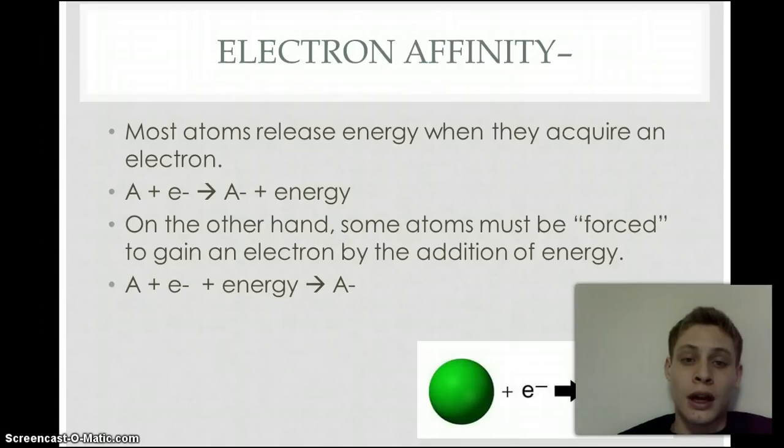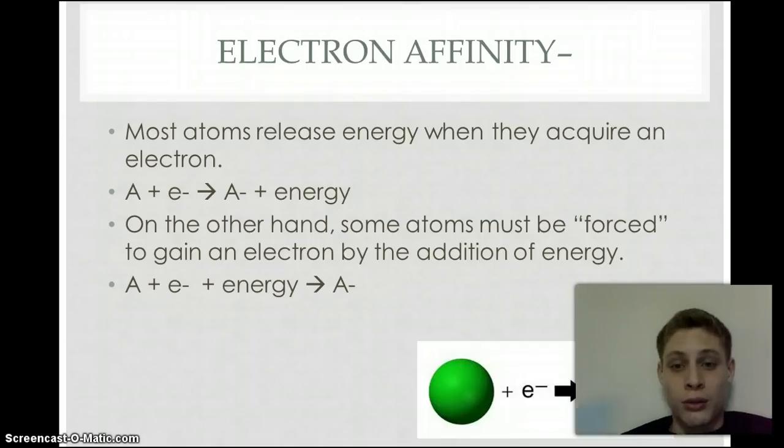On the other hand, some atoms must be forced to gain an electron by the addition of energy. So you have an atom plus an electron plus energy yields a negatively charged atom.